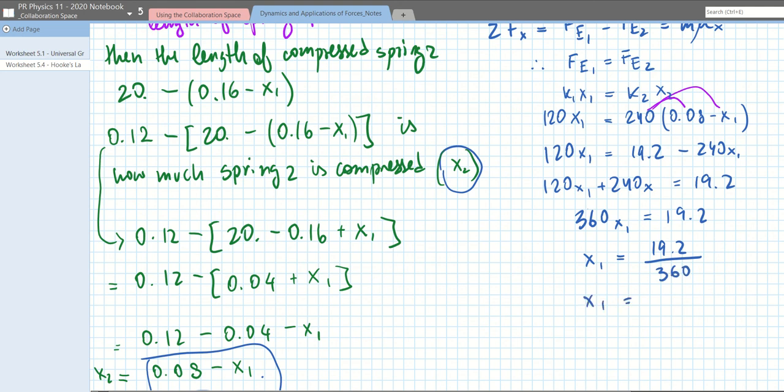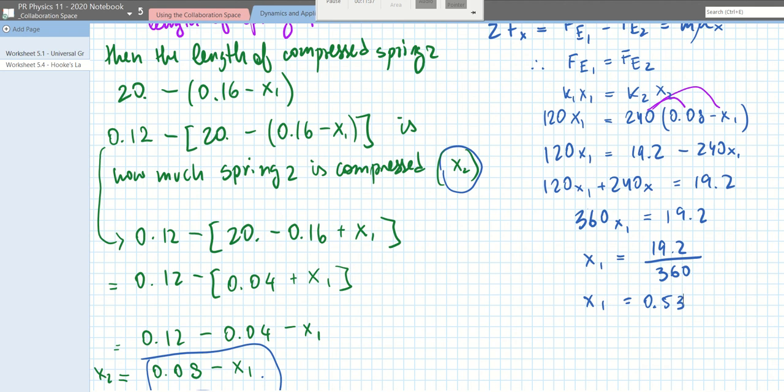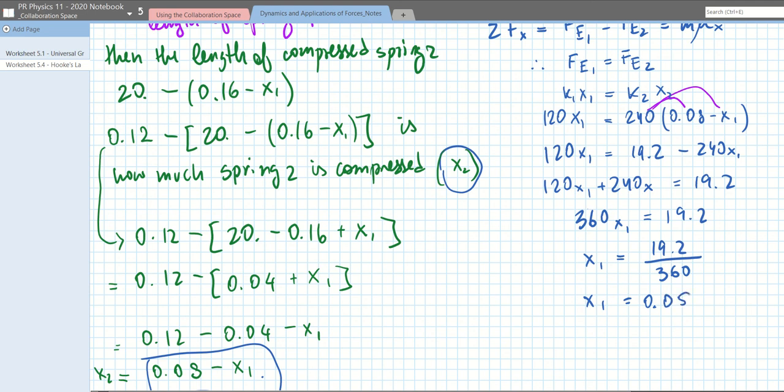So again, 19.2 divided by 360, we get 0.053 repeating, which is in meters, but we need to change it to centimeters to make it a little easier to understand.